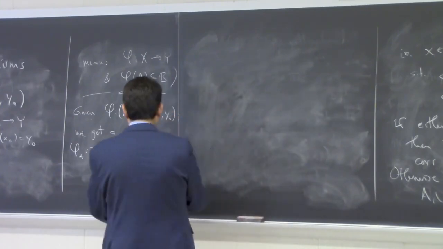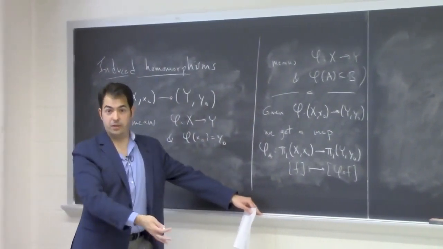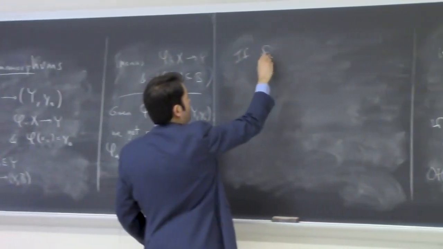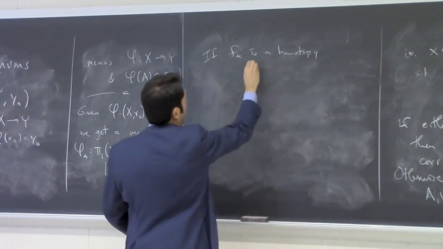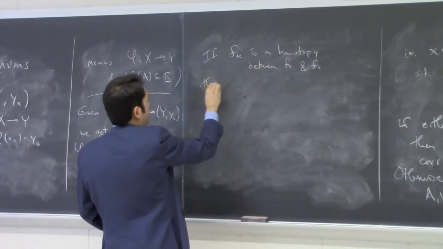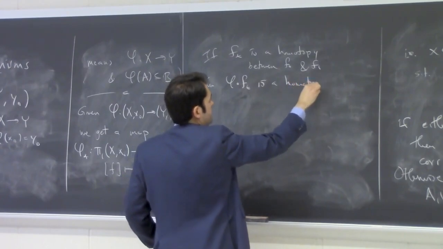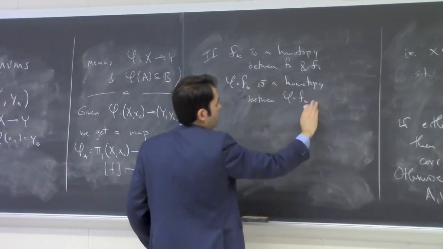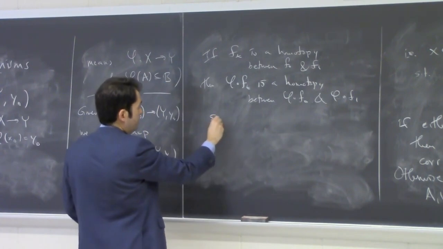Of course, you have to make sure that this is well defined, because this is really a homotopy class of paths. But if f sub t is a homotopy between f0 and f1, then phi composed with f sub t is a homotopy between the corresponding images. So this is well defined.